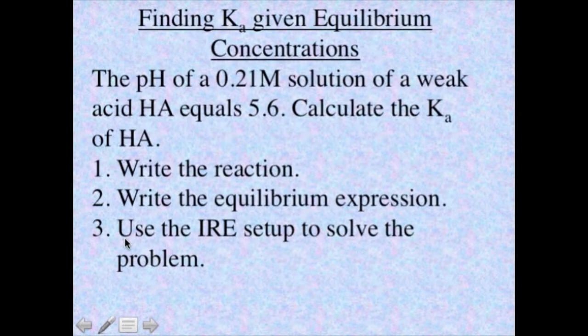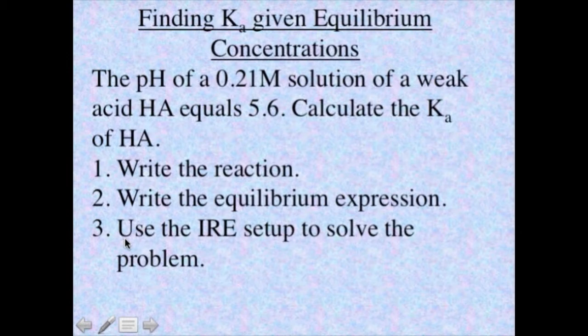Now, we're going to start talking about finding an equilibrium constant given equilibrium concentrations for aqueous solutions. In this problem, the pH of a 0.21 molar solution of a weak acid equals 5.6; calculate the Ka.